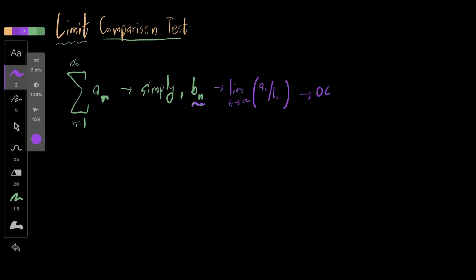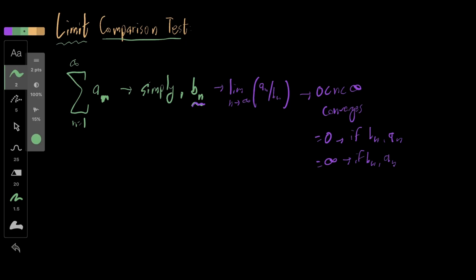Now, if the limit is greater than 0 and less than infinity, then they converge or diverge together. If it is equal to 0, then if b_n converges, a_n converges, and if it is equal to infinity, if b_n diverges, a_n diverges.